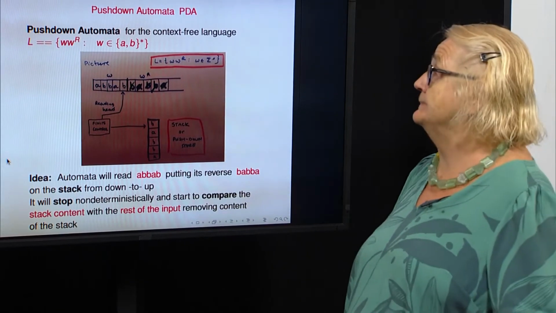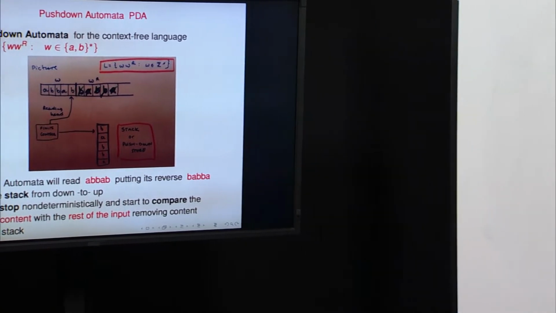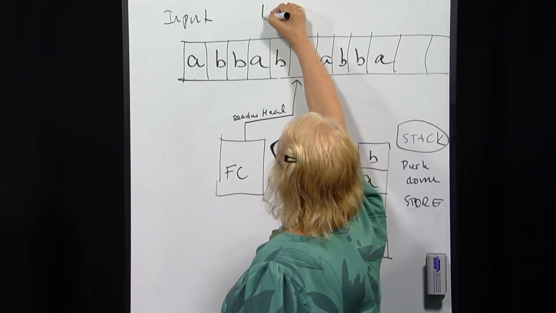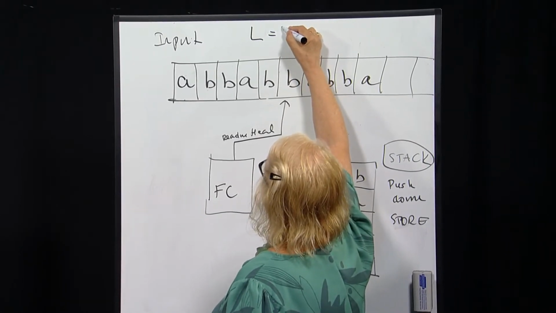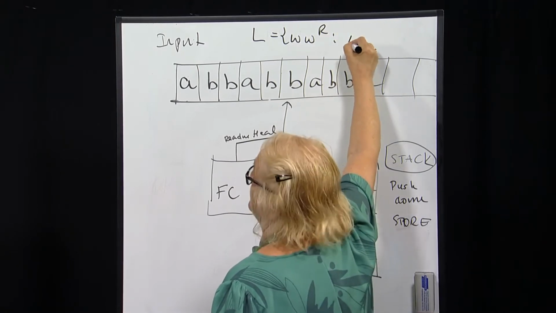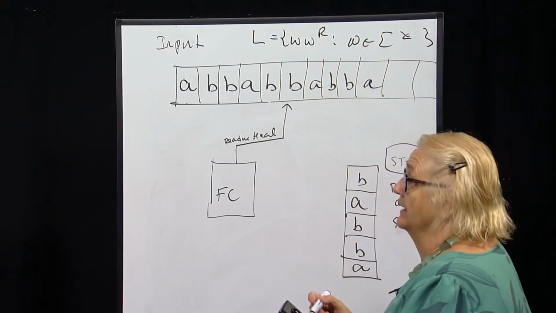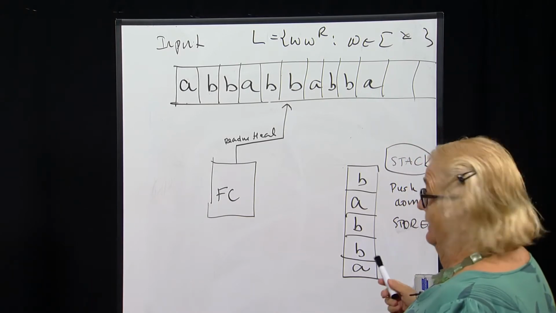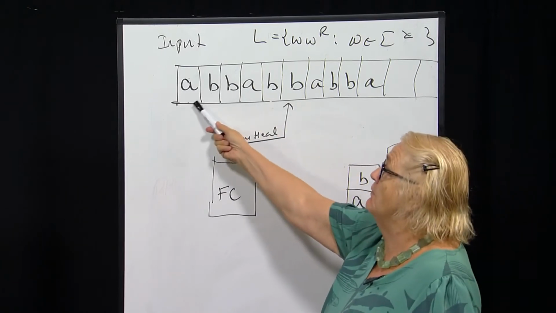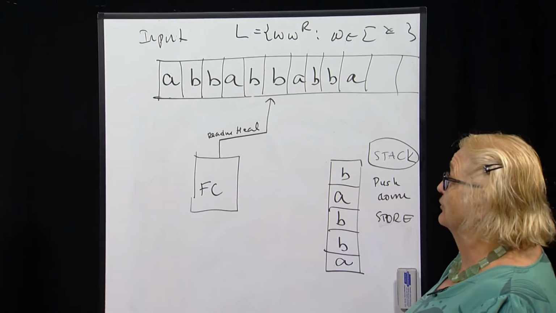So here, that's a very simple example: the language here, I want a pushdown automaton for the language W reverse, W in sigma star. And so you can see how here I want to check if this word is W reverse.